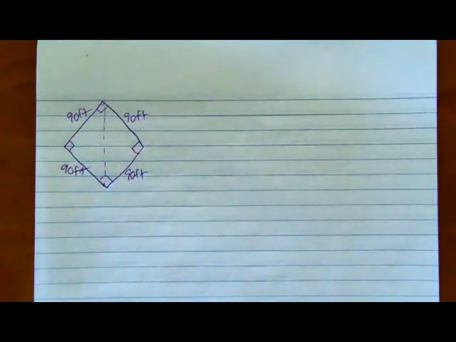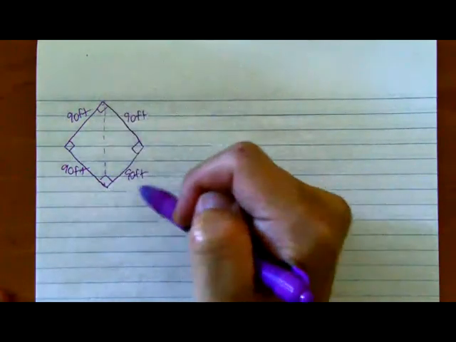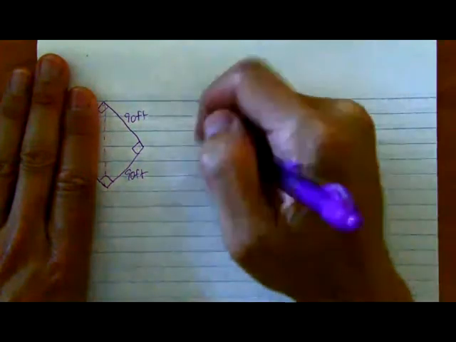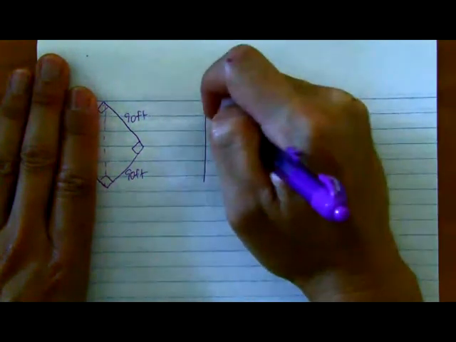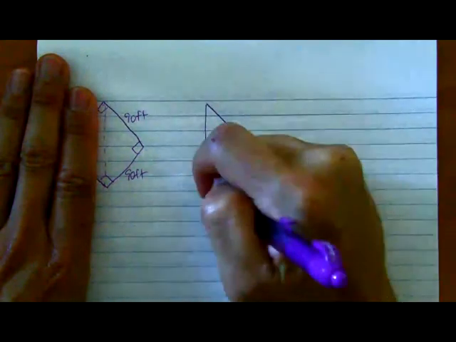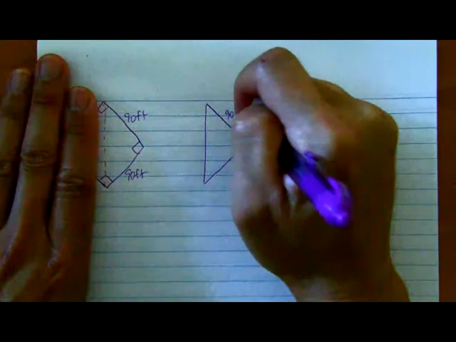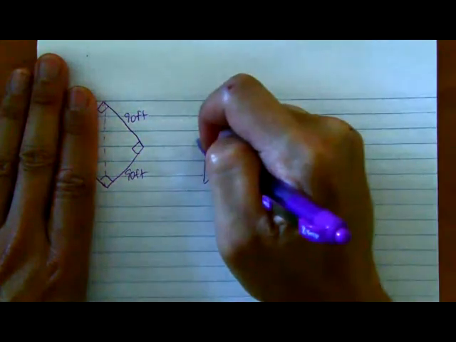Okay. In order to do this problem, do you see the right triangle? Right here. So I'm just going to draw that portion of the square. This is 90 feet. This is 90 feet. We need to solve for this side.